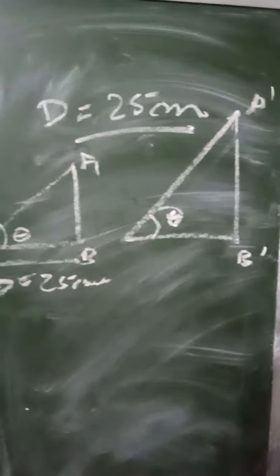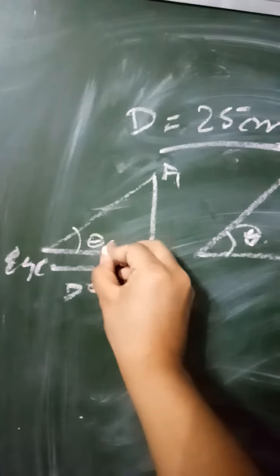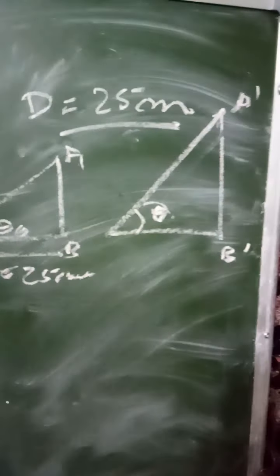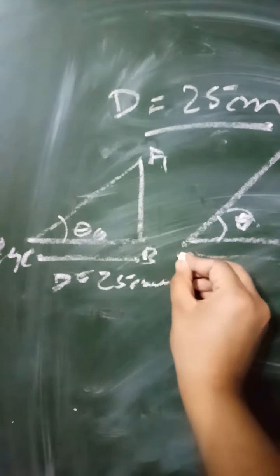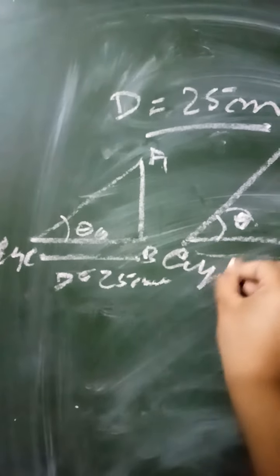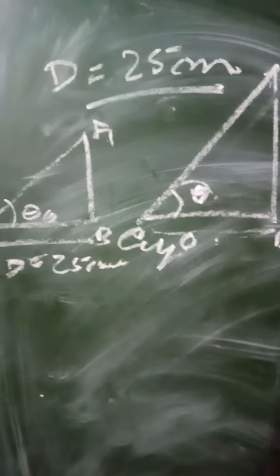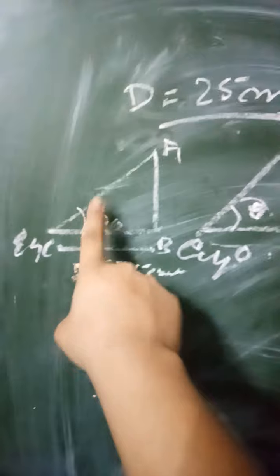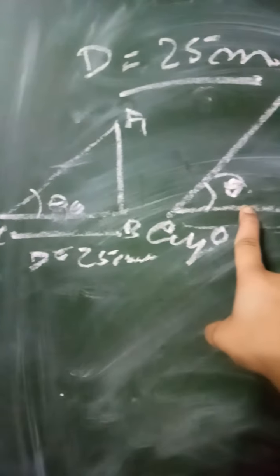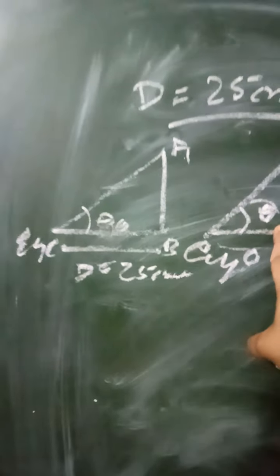This is theta naught, this is theta, and this distance is I. This theta naught is called the visual angle of the object, and this theta is called the visual angle of the image.